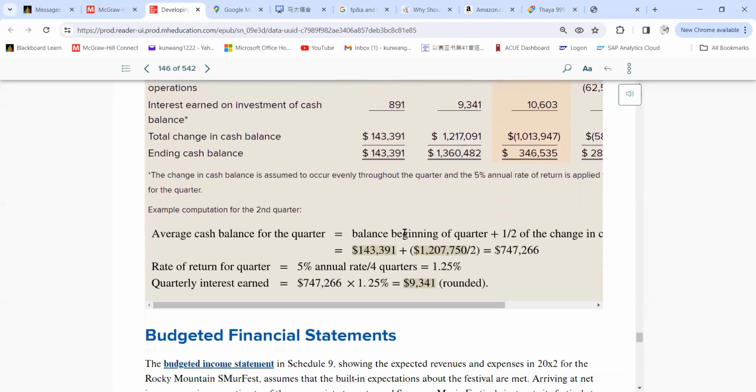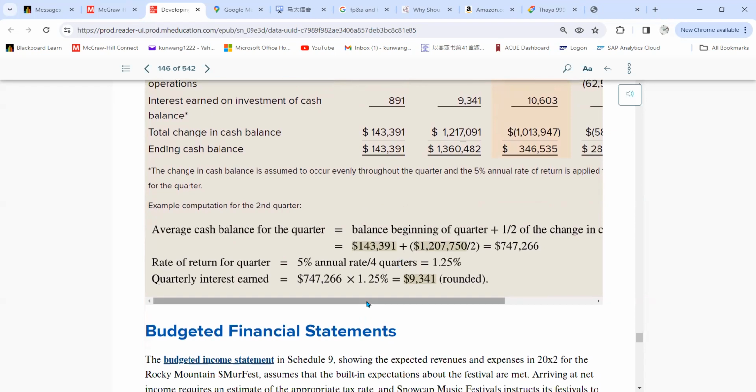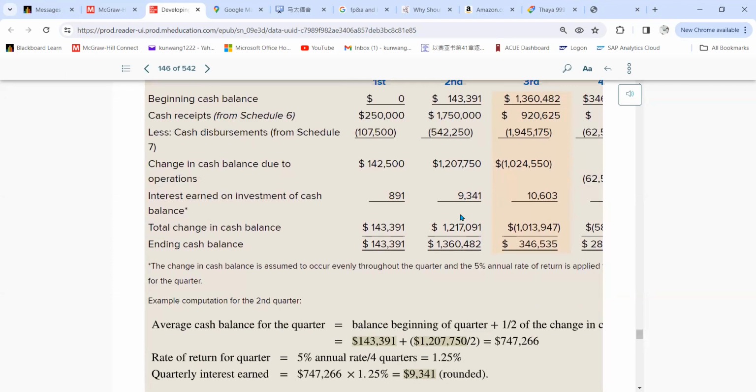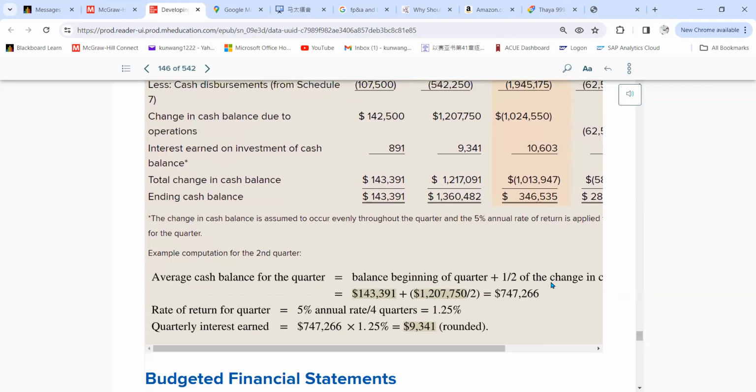For interest revenue, they give you an example of how to figure out the average cash balance and also the rate of return on the investment, assuming a 1.25% quarterly interest rate. For example, in the second quarter, you have the beginning cash balance plus half of the change in cash balance.